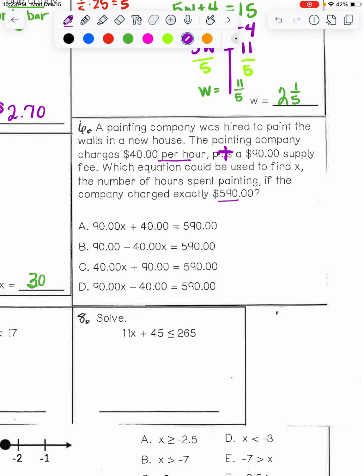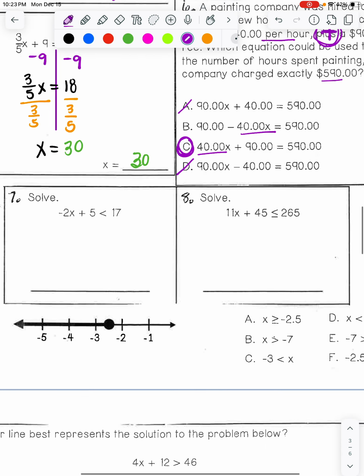So it's $40 per hour, so I know I'm going to have a 40x in there. So I know automatically D and A are not correct answers. Plus, guys, plus 90. So C is the correct answer on that one. I will not be subtracting. So that's the answer to 6. $40 per hour plus the $90 fee is $590.